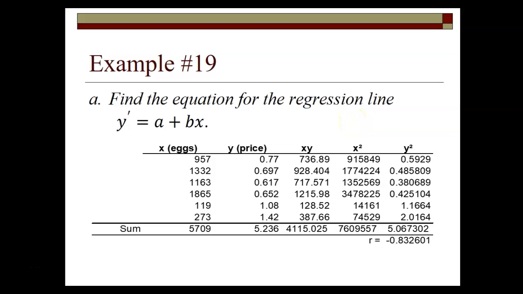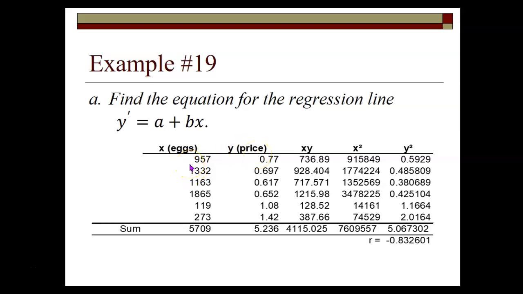Okay, in this video, we're going to work through another example of finding and using a regression line. This is based on the example from section 10.1 about the correlation between eggs and price.